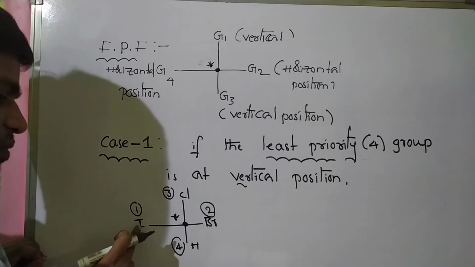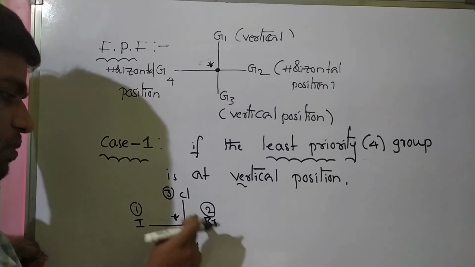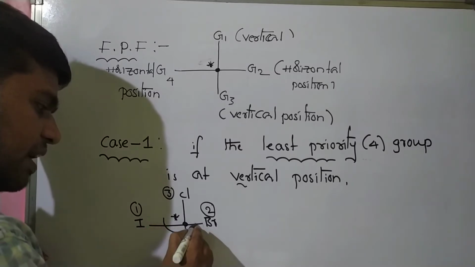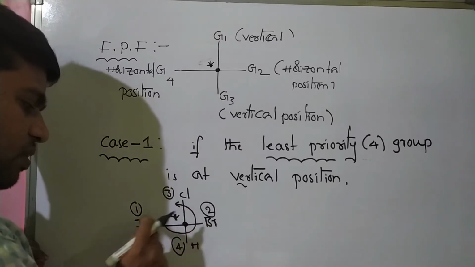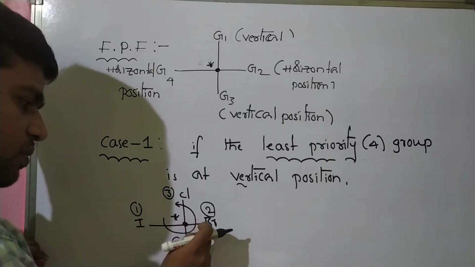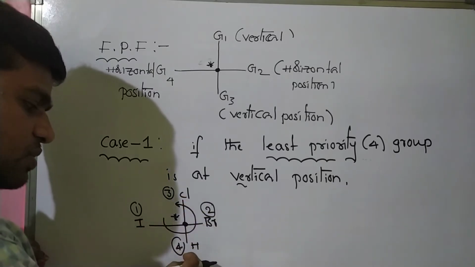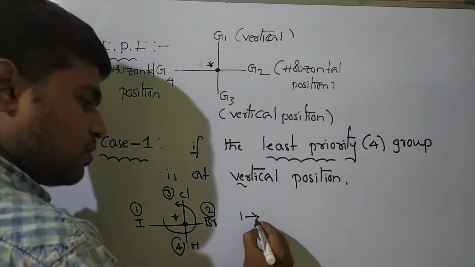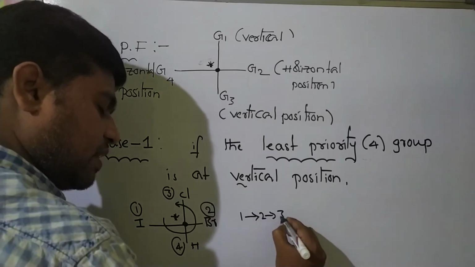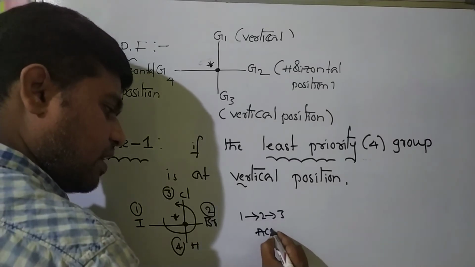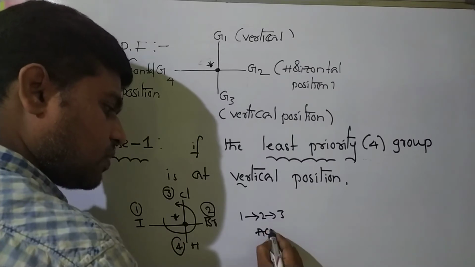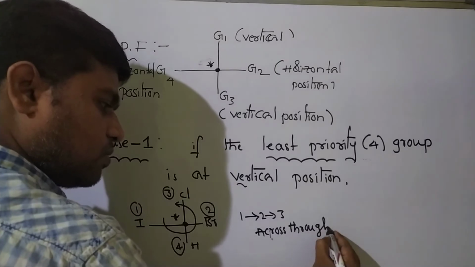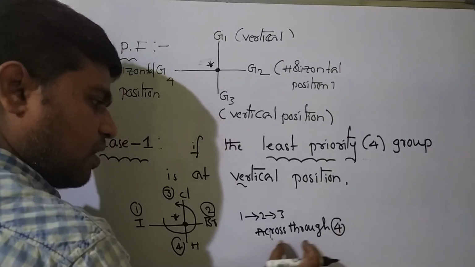See, students, here 1, 2, 3, 4. The rotation must be like this: 1 and then 2 and then 3, across through the fourth position. So don't confuse. Across through 4.